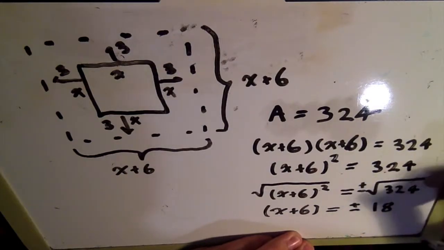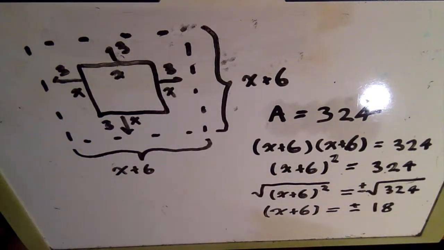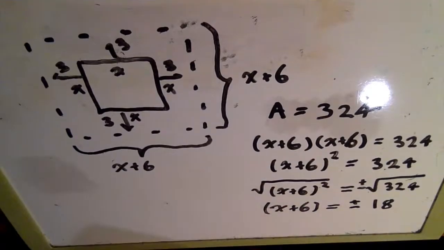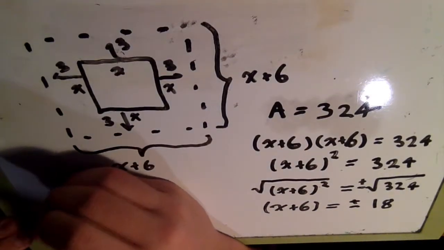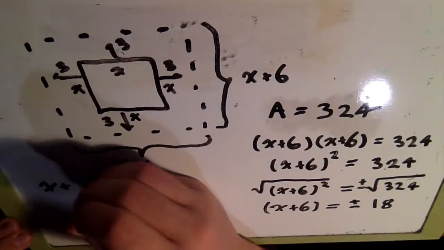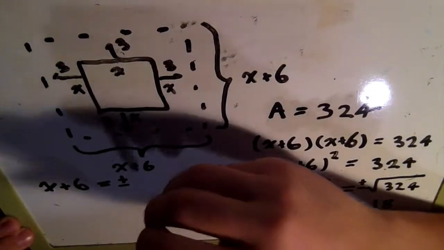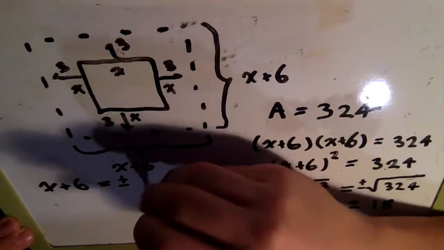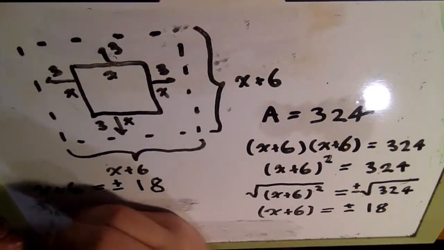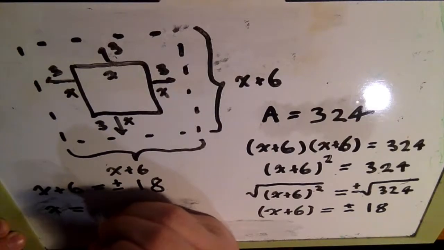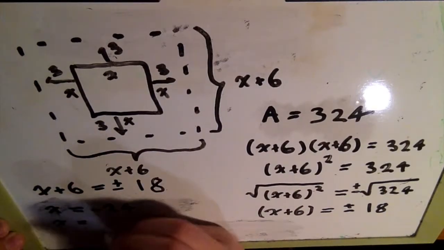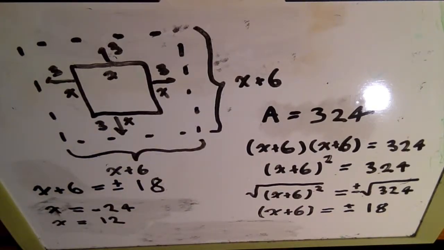Don't forget the plus minus. This equation gives us two answers. Our first answer is negative 24 and our second answer is 12.